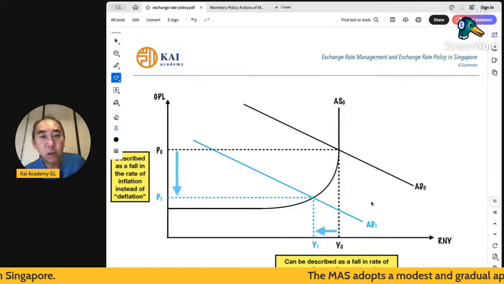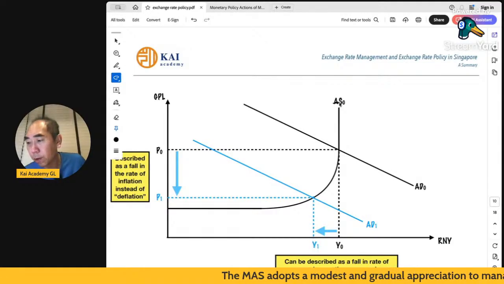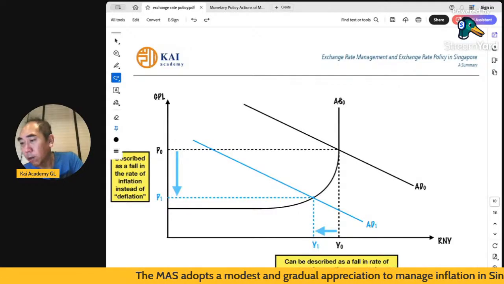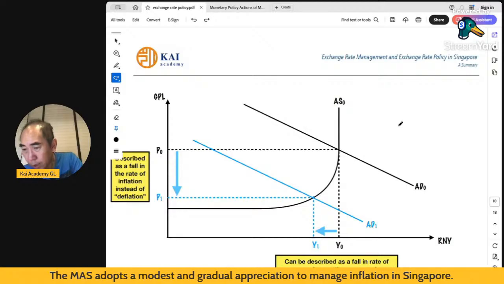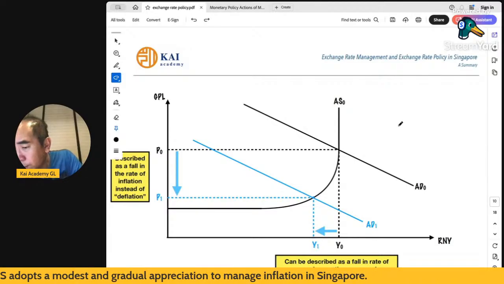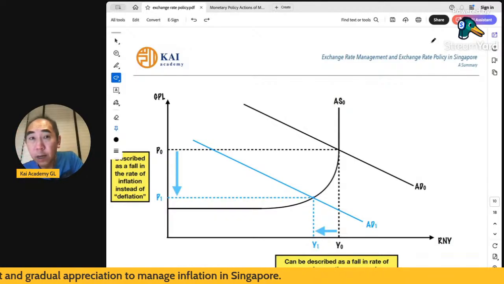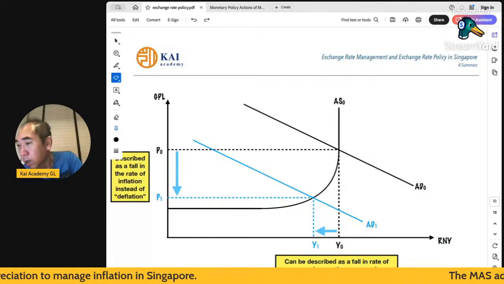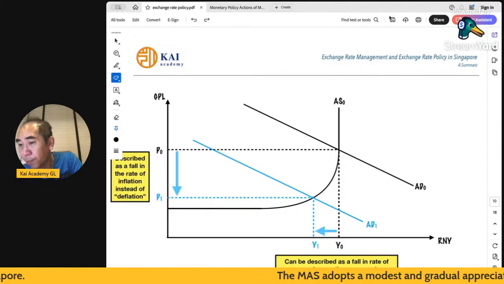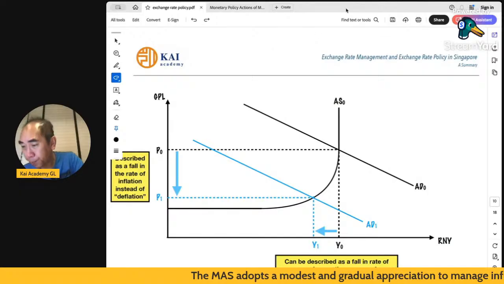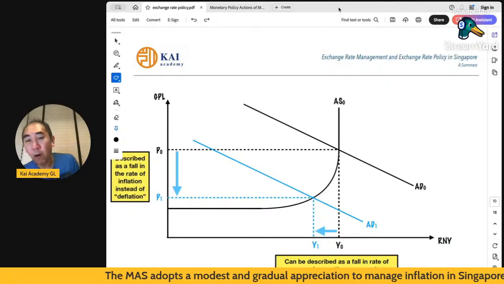Now, when the Sing dollar appreciates, the AD will fall as explained earlier.